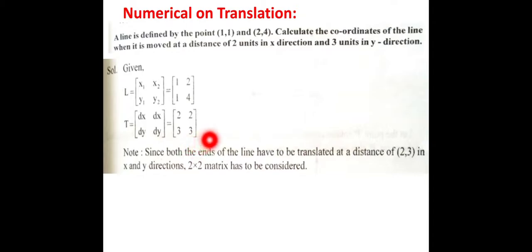Here m and n were taken, but dx and dy are more appropriate, because it is a change. Since both ends of the line have to be translated by 2, 3 in the x and y directions, a 2 by 2 matrix has to be considered here.